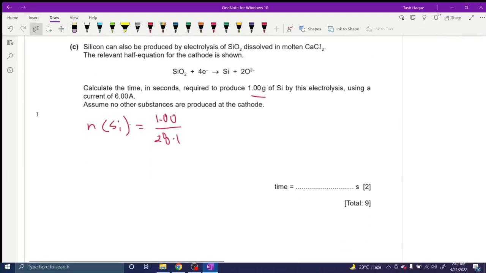Okay, so what's the moles of electrons going to be? 4 times this, right? They have a 1:4 molar ratio.